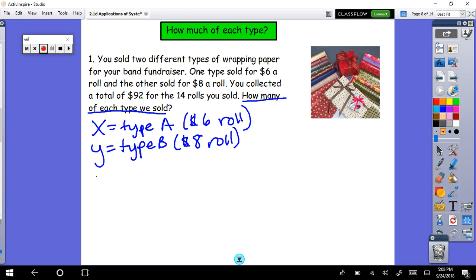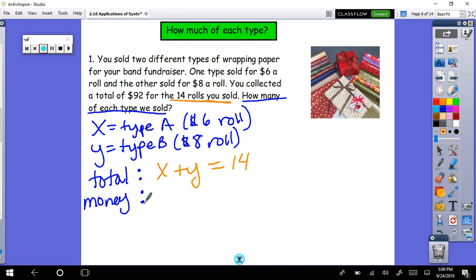So in this problem, we're going to have 2 equations. First, we have a total equation because it tells me that I sold a total of 14 rolls. So for the total, type A plus type B, all together I sold 14 rolls. Then I have a money equation.